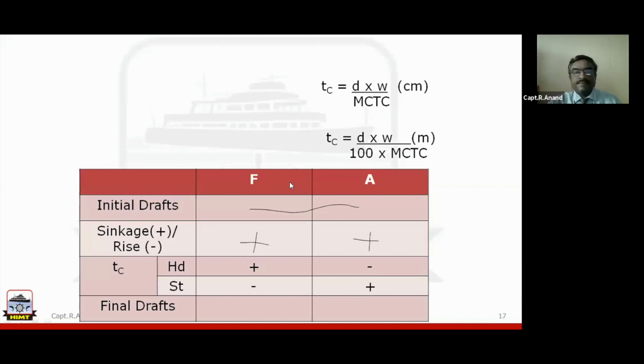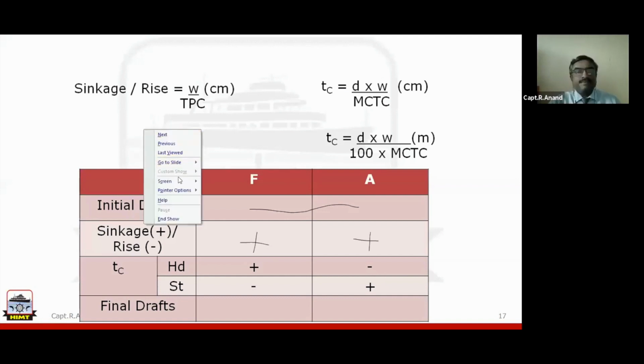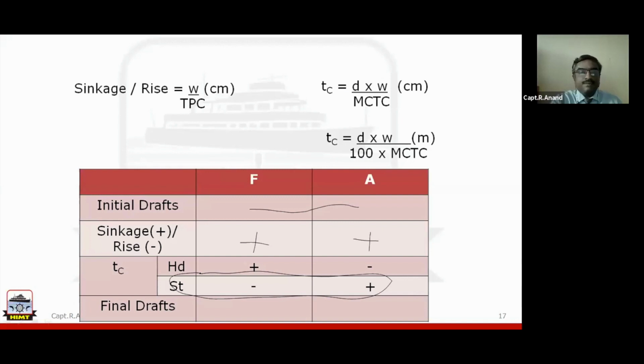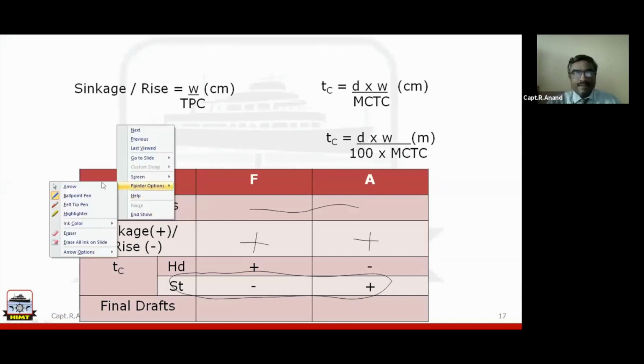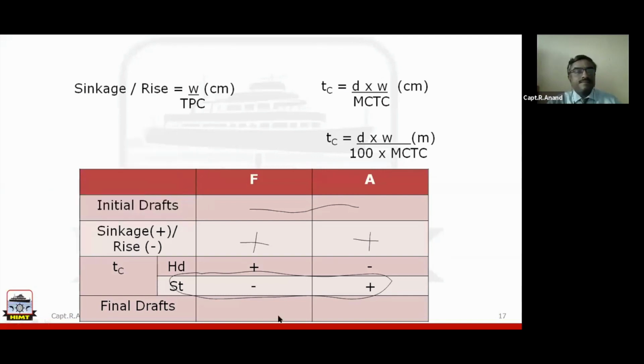So what I have here in this particular example, I have to take the second case. So this is the condition which I have to take now. The top one will come only when the trim change was by head. Is that understood? This is only possible when there is a trim change by head.